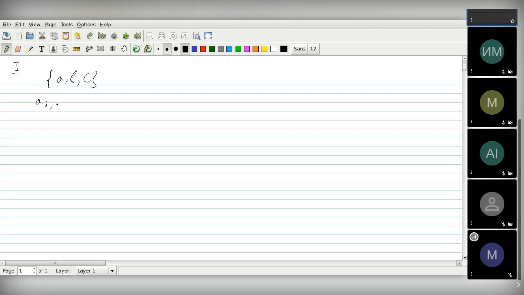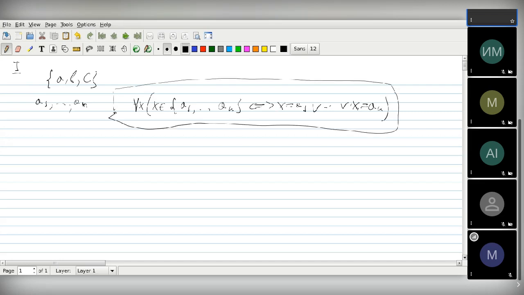If you are given a few sets, finitely many of them, A1, A2, and so on up to AN, you may construct this set using curly brackets. You can construct this set, which by definition has exactly A1, A2, and so on up to AN as its elements. Formally, you may express this meaning in the following way.